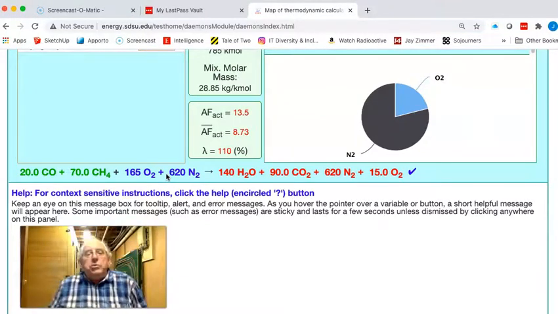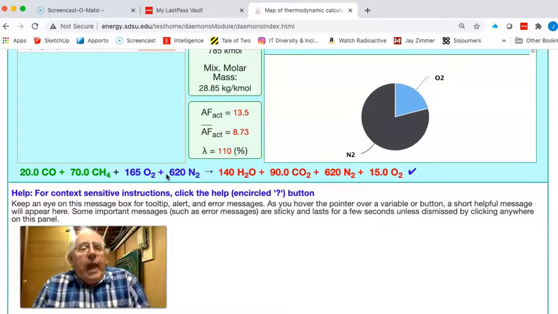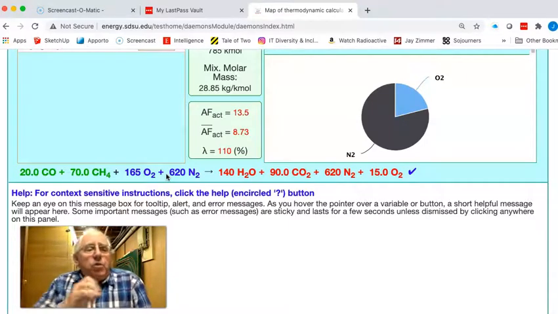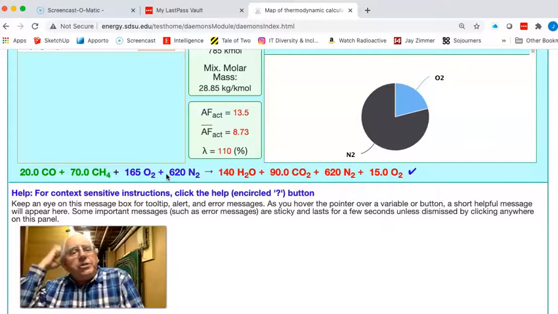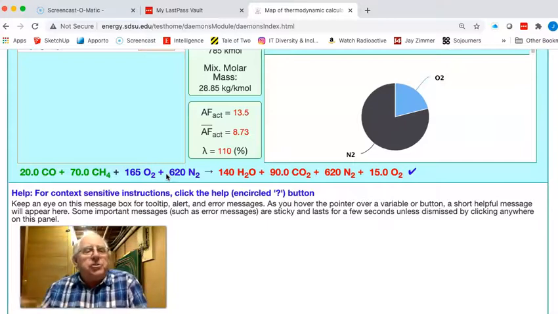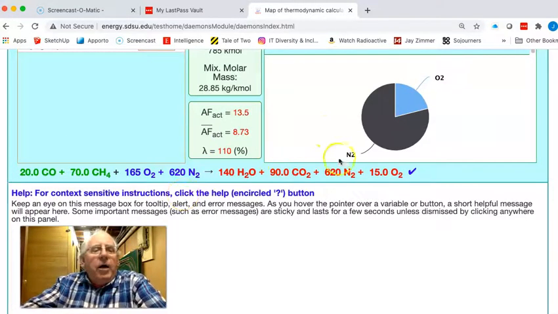And so what that will do is add the 20 parts of oxygen and the 20 parts of nitrogen to the 5 and 5 to the 20 and the 70 here. So how am I going to do that?